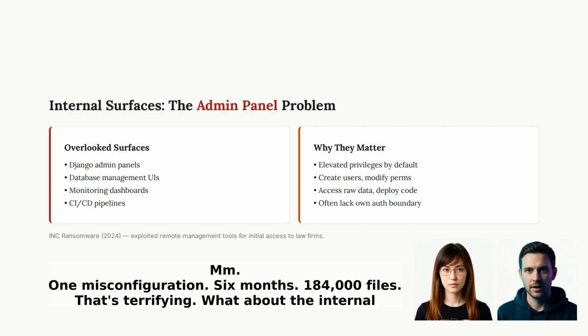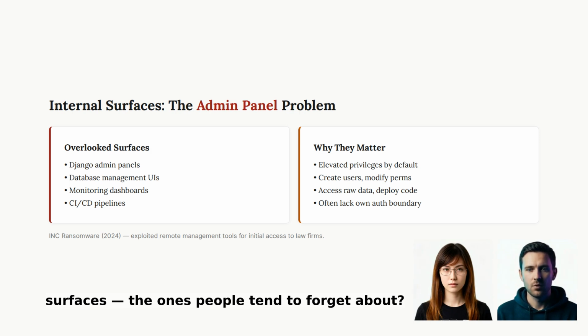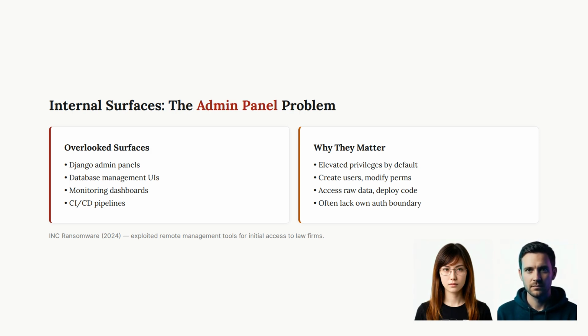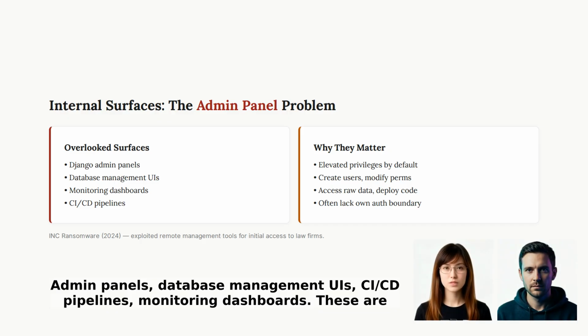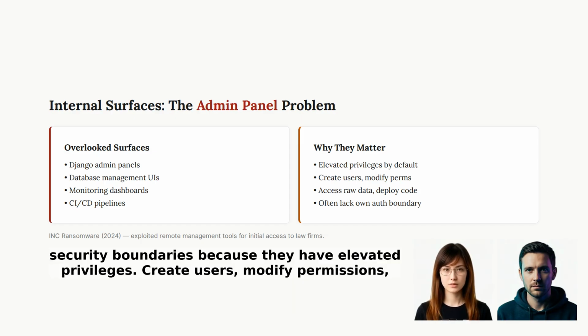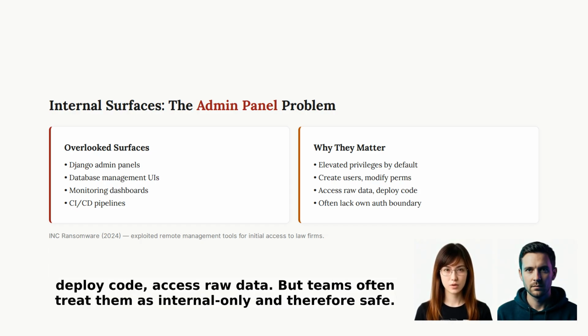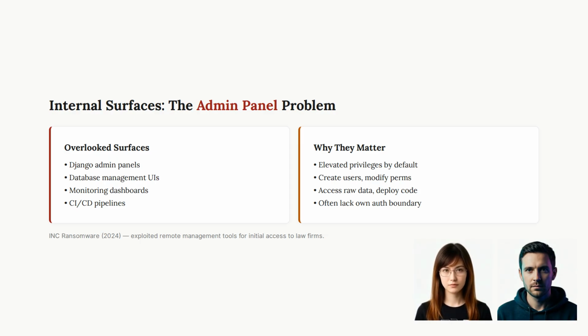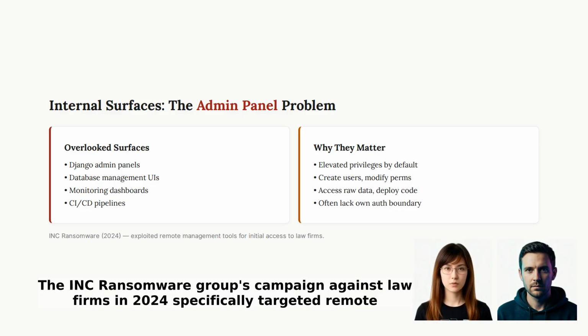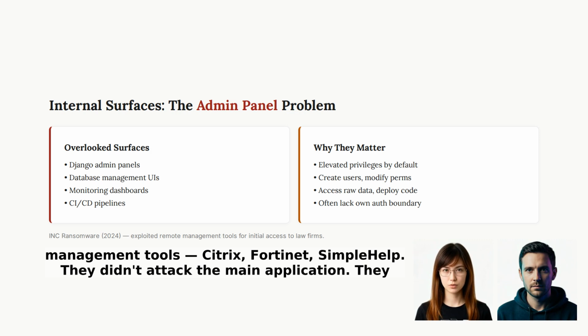That's terrifying. What about the internal surfaces, the ones people tend to forget about? Admin panels, database management UIs, CI/CD pipelines, monitoring dashboards. These are security boundaries because they have elevated privileges. Create users, modify permissions, deploy code, access raw data, but teams often treat them as internal only and therefore safe. The INC ransomware group's campaign against law firms in 2024 specifically targeted remote management tools.